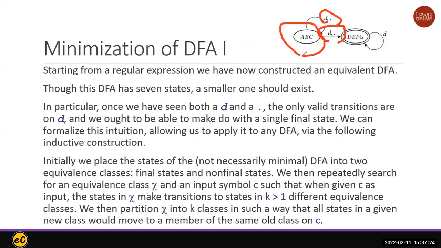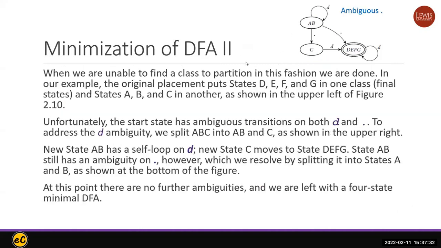So this ABC must be split. Otherwise, it won't work, because it is non-deterministic. The first thing is that we split out D with dot, and repeat. So there is a D, and dot with D and dot without D, we separate them into these two different states.